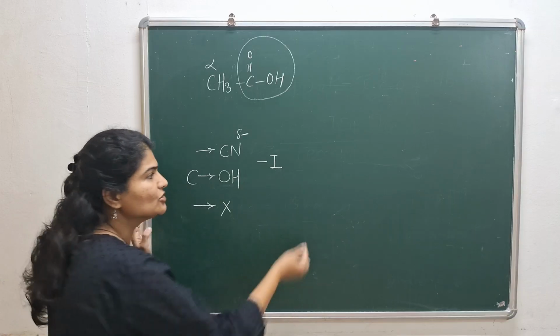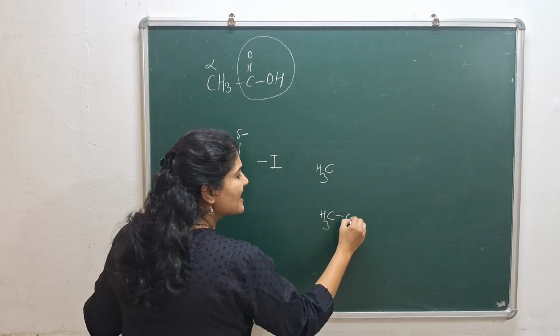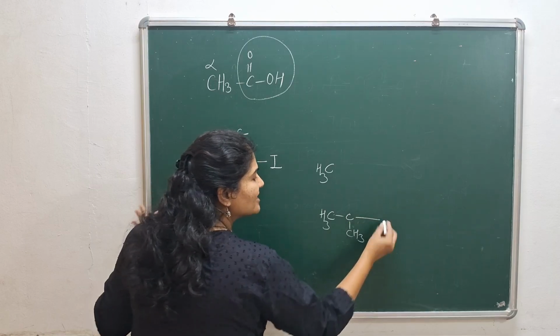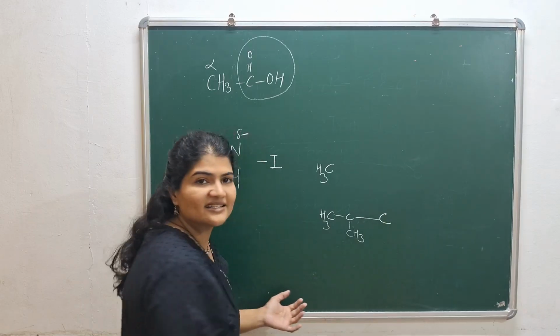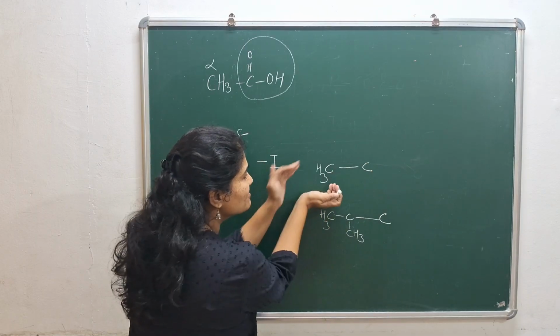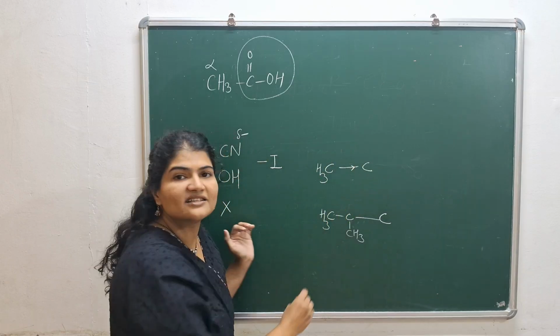While there are certain groups like alkyl groups, which have the tendency to push the electrons away from them towards the next atom. So in this case, this methyl group will push the shared pair of electrons towards the next carbon.